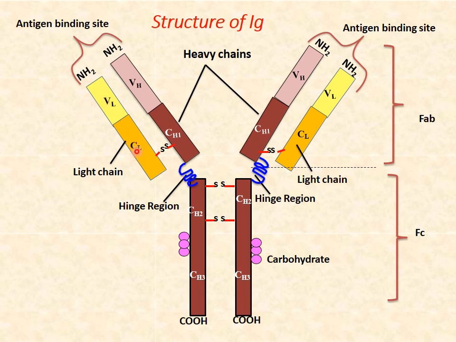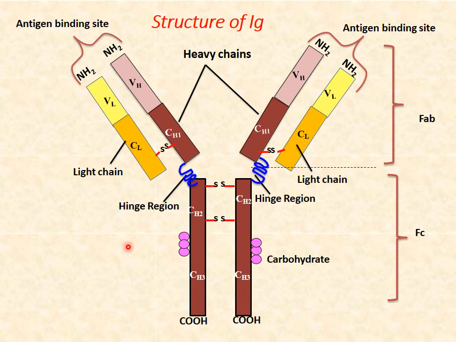Both the heavy and light chain have a single variable region, but the number of constant regions varies. The light chain has a single constant region. But the heavy chain has 3 constant regions, that is CH1, CH2 and CH3. So 1 variable but 3 constant regions in the heavy chain.